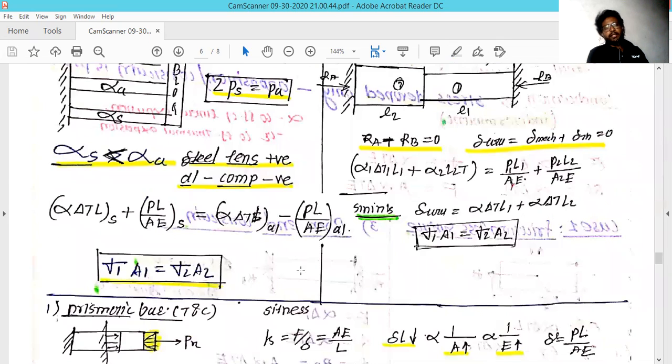So here the higher value of alpha is for the aluminum, so definitely it is going to be in the compression zone. In this condition, you have to take a negative value, and for the material which holds the higher value of alpha, you should take a positive sign.